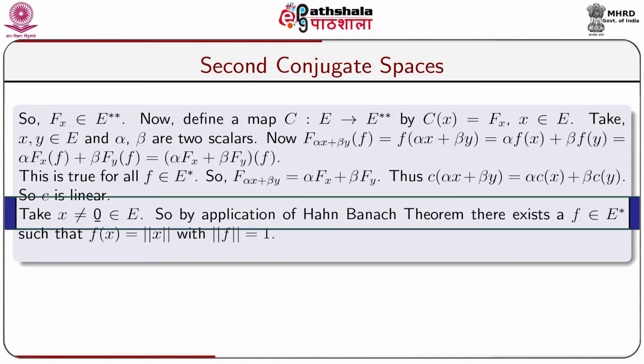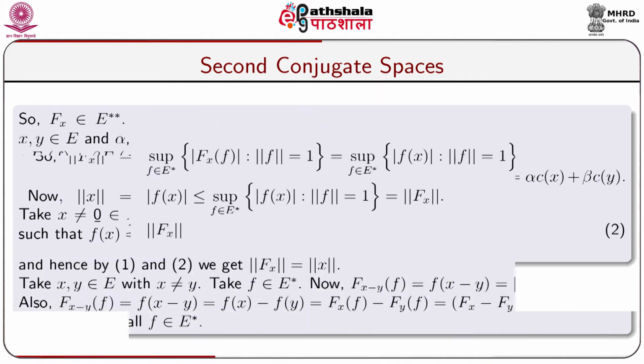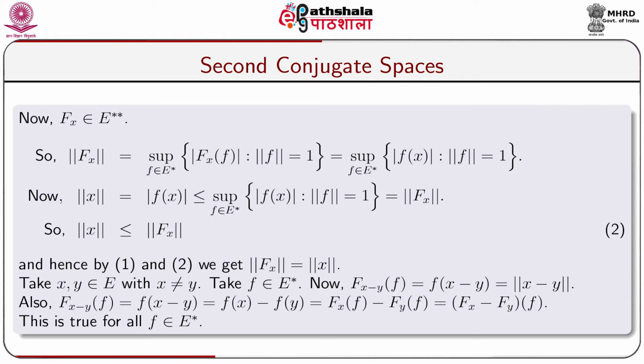Take x not equal to the zero vector belonging to E. By application of the Hahn-Banach theorem, there exists a functional f belonging to E star such that f of x equal to norm x with norm of f equal to 1. Now, F x belongs to E double star, as we have already seen.